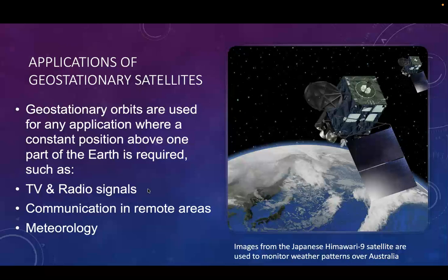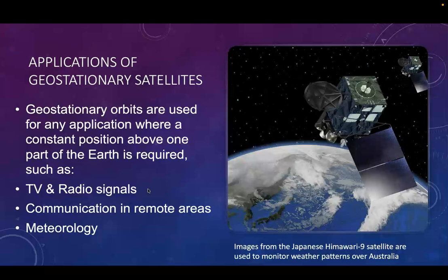But that's how we do it mostly. So this is becoming a little bit outdated, but you can still get satellite TV like Foxtel, and you can still get satellite radio. It's not such a big thing in Australia, but Sirius XM is a satellite radio station that used to be really popular in America, and I think it's still going. So you would have satellites in geostationary orbit beaming down TV and radio signals to the country below.